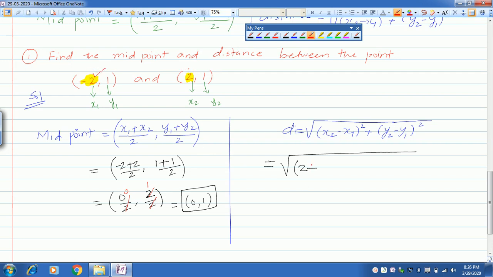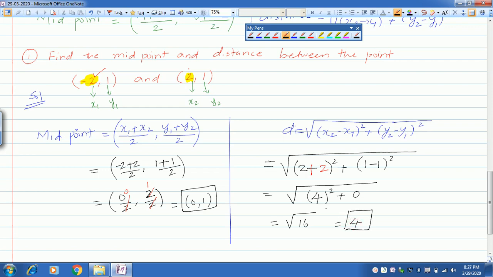So if I substitute, it becomes plus 2, and here whole square, plus y2 1 minus 1 whole square. On simplification, you will get 4 whole square plus 0 whole square, which is equal to 4 square is 16, you will get 4.